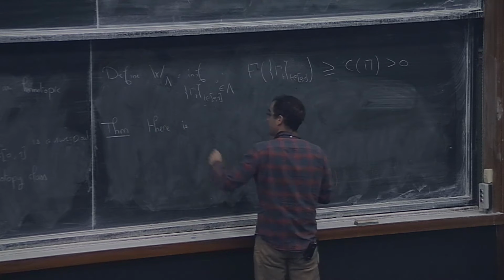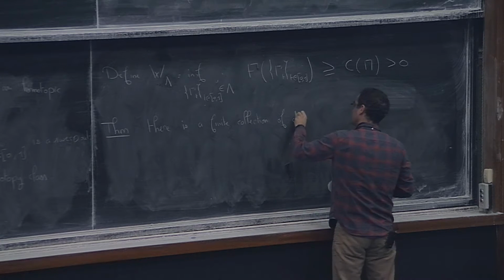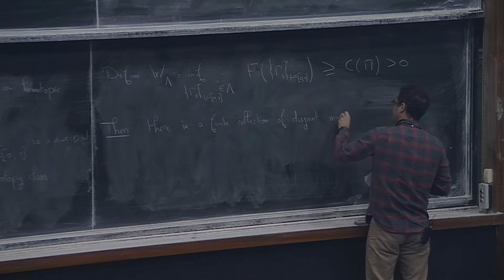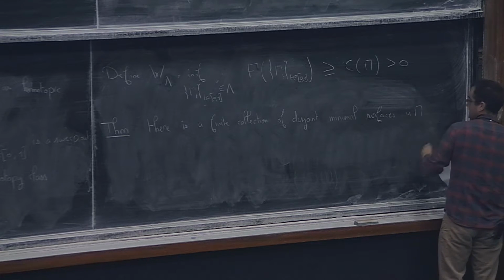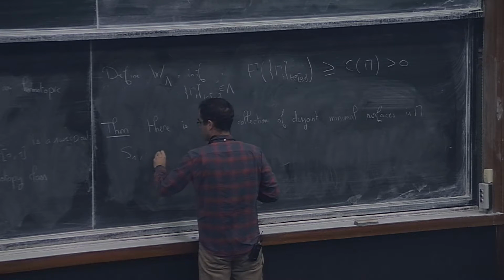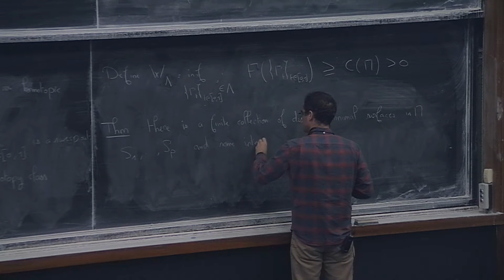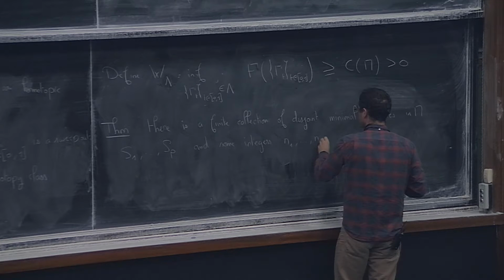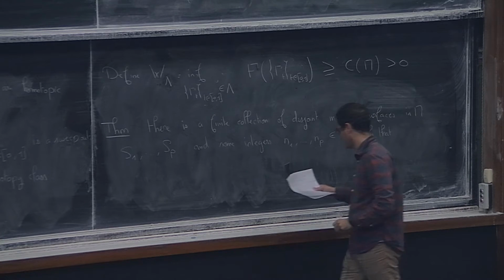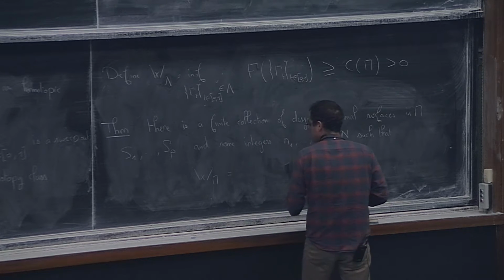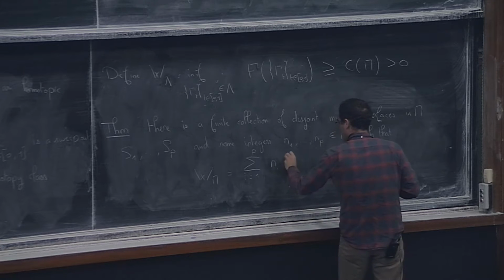In fact, you have a finite collection of disjoint minimal surfaces in M. So I will denote this by S1, ..., SP, and some integers N1, ..., NP in N, such that W of M is the sum for i from 1 to P of Ni times the area of Si.